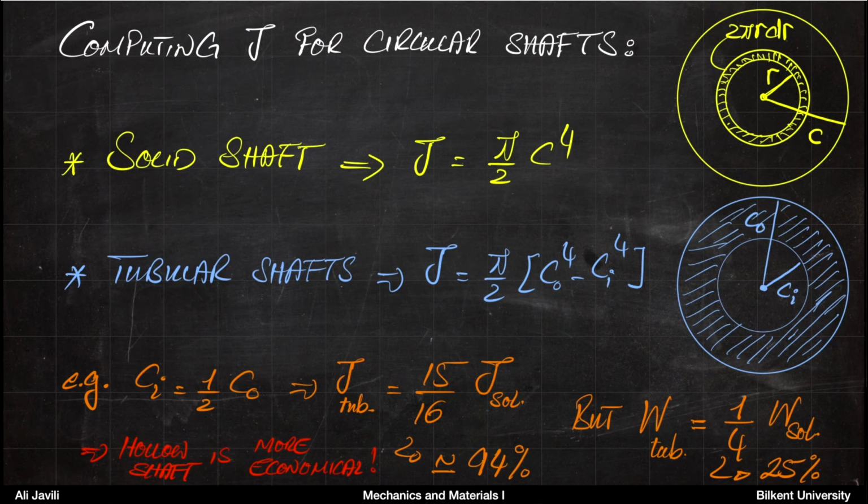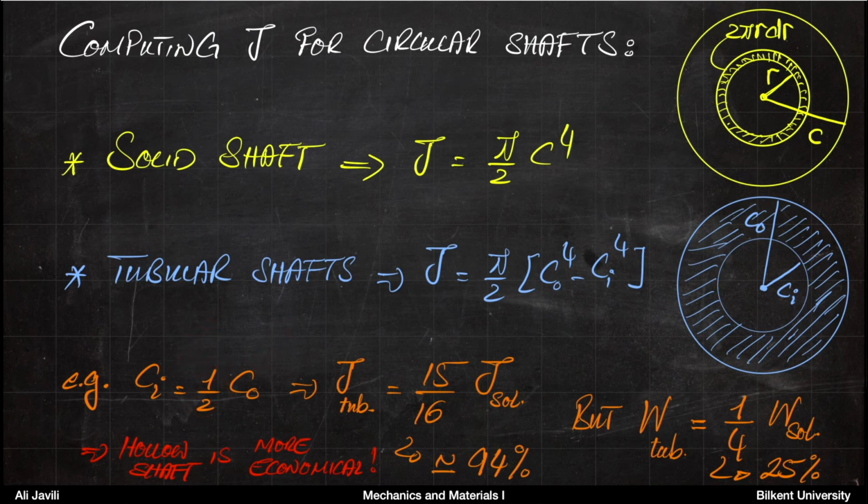And then you can imagine if Ci is just 0, then you recover the solid shaft, the full shaft. Now, an interesting example to think about is, what happens if the inner radius is half of the outer radius?